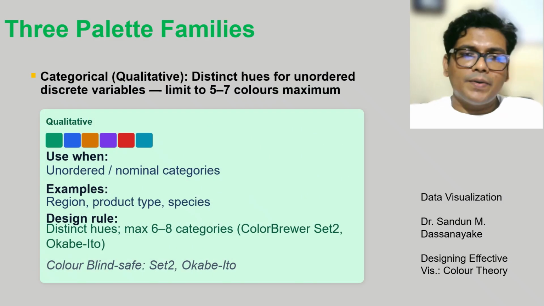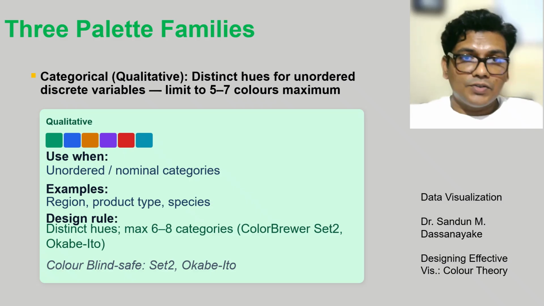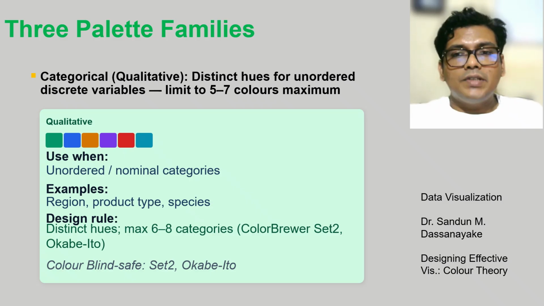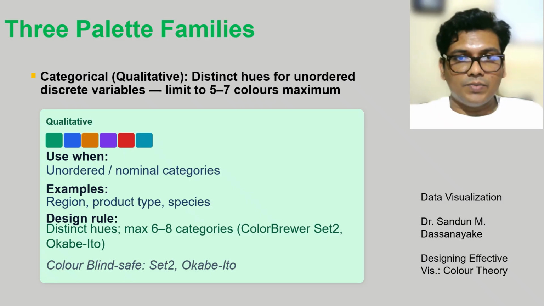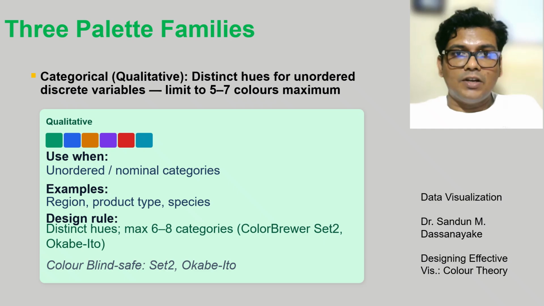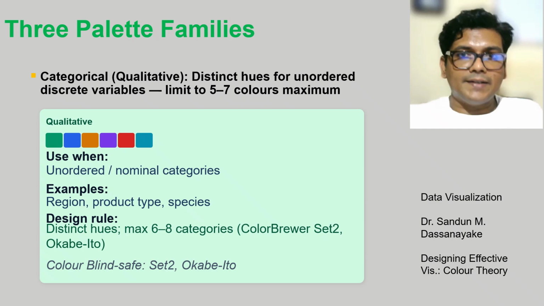Let's go deeper on categorical palettes. When your data is nominal, meaning it has no natural ordering, your design goal is equal perceptual salience across all categories because there is no order. You are just using the color to show nominal data.